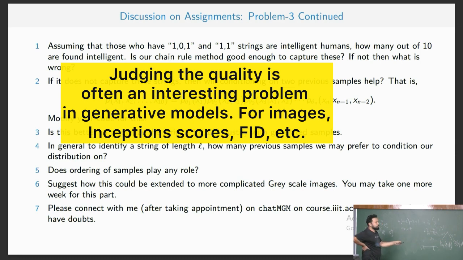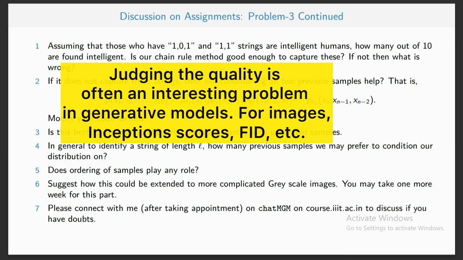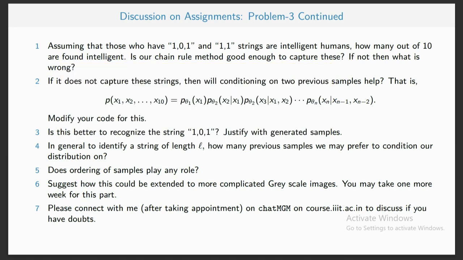And if it is really generic, then you may even go for small black and white images, let's say 16 by 16, and you can just linearize them into a vector.